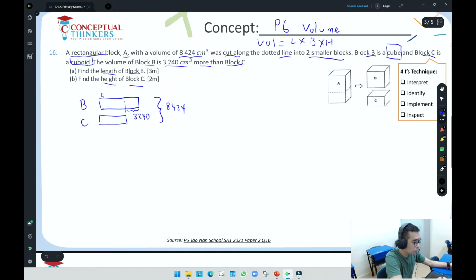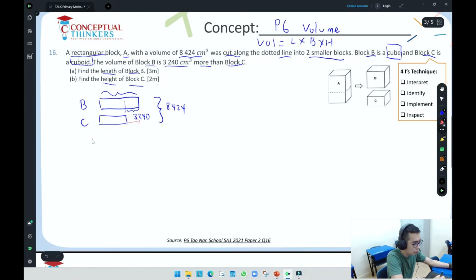The question requires us to find the length of block B. Before that, we need to find the volume of block B. To find the volume of block B, I will extend the volume of block C to here so that we have equal volume. Let me use another color to represent this.